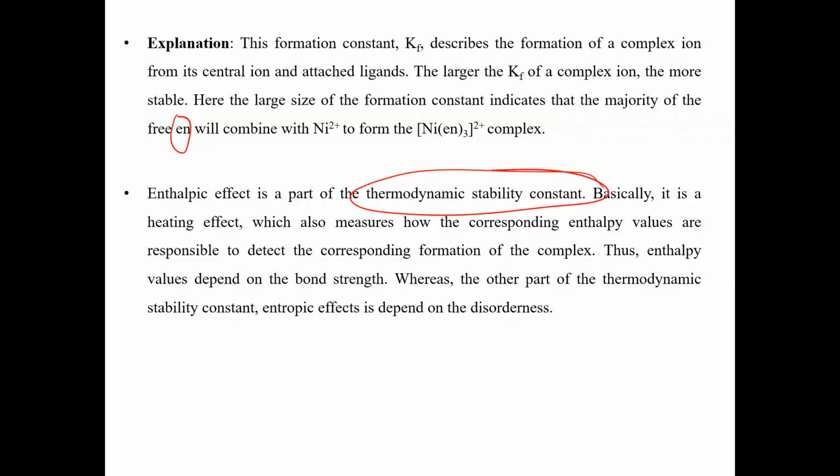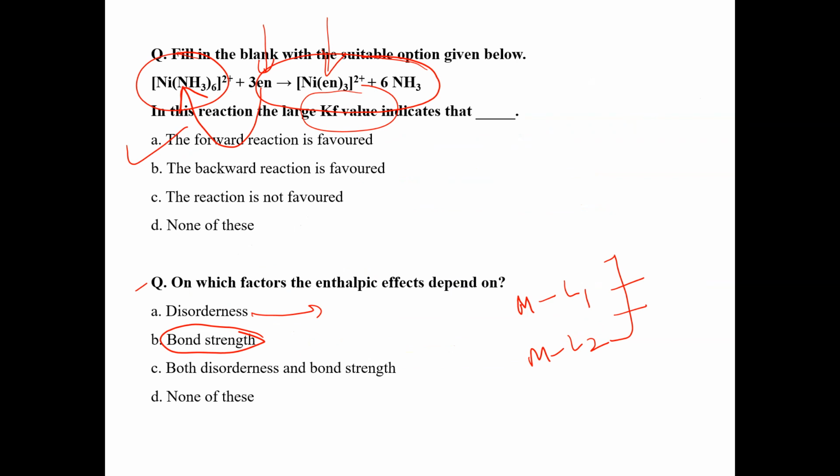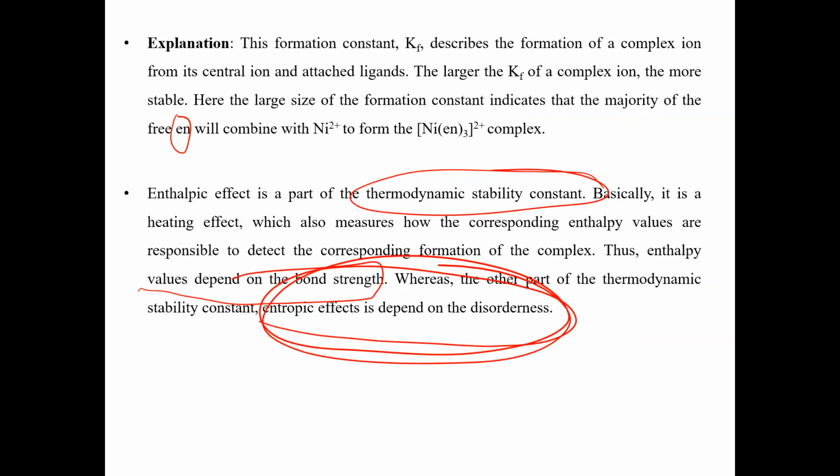It is a heating effect which measures how the corresponding enthalpy values are responsible for the formation of the complex. Thus enthalpy values depend on the bond strength, whereas the other part of the thermodynamic stability constant, the entropic effect, depends on the disorderness. So what will be the right option? This one. Clear?